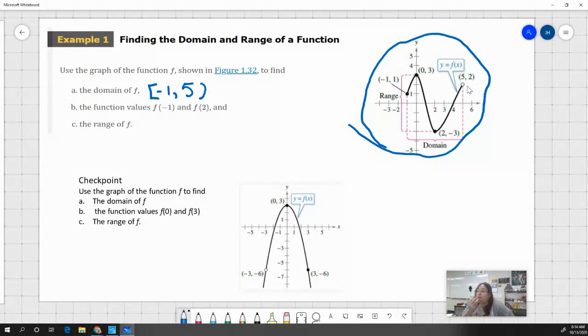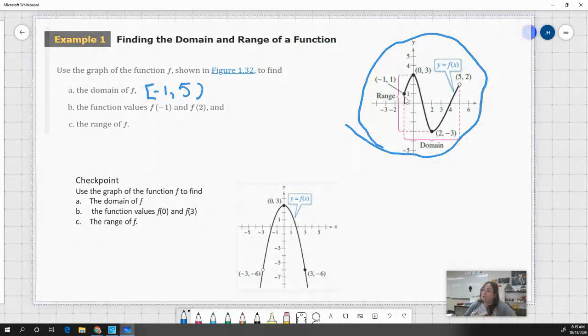It just means that you plug those numbers into the equation at -1 or 2 if you're dealing with an equation. But here at f of -1, all we have to do is go to x equals -1. We're plugging it in for x. So we're saying, what is our y when x is -1? And in this case, it's just 1.